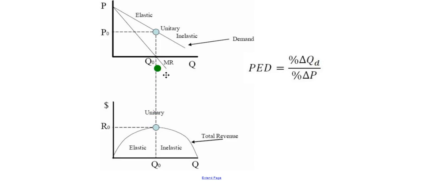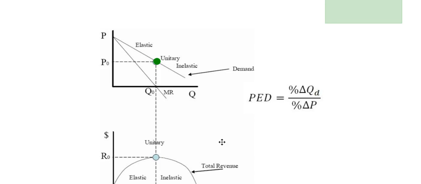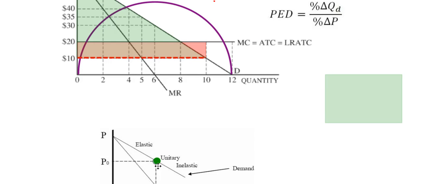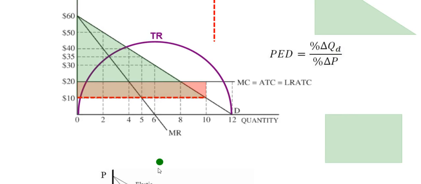So that's why at that point your marginal revenue is 0, and that is the point where on your demand curve you are unit elastic. So if we jump back up here to the graph that we're using, that's going to be right here, right? So you can see clearly what the quantity is.